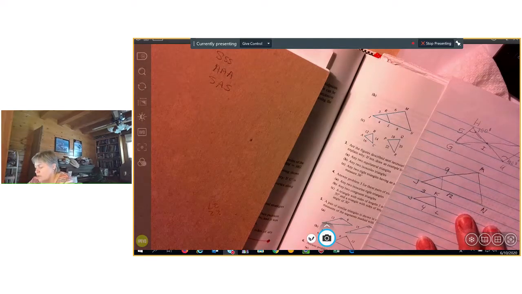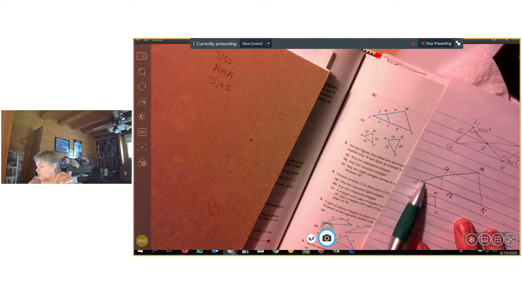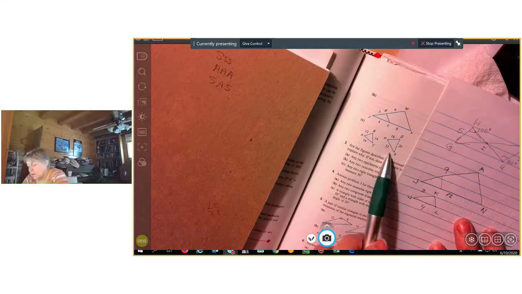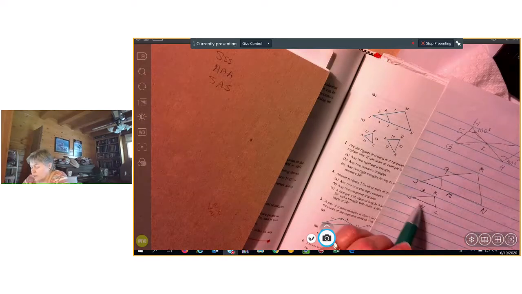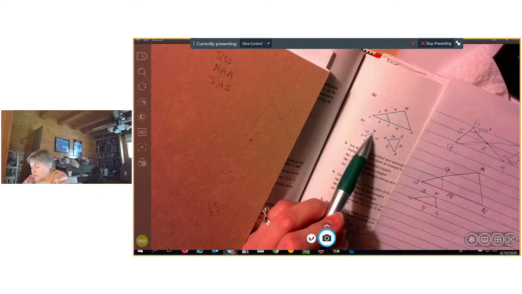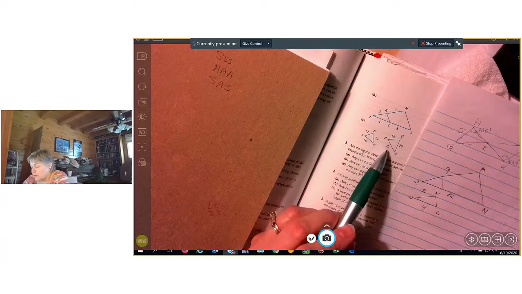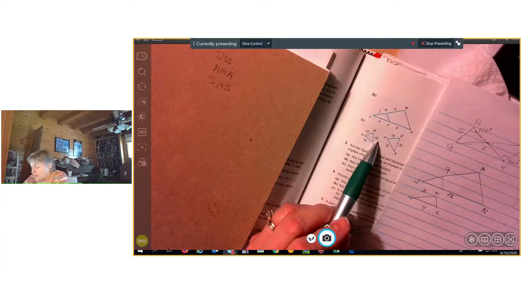So even though this angle right here is included, we could say that it's a side angle side. But let's go ahead and look at C just to make sure that this might be the one that we're looking at. So if we look at C, the way it's done is we have a side, side, side.